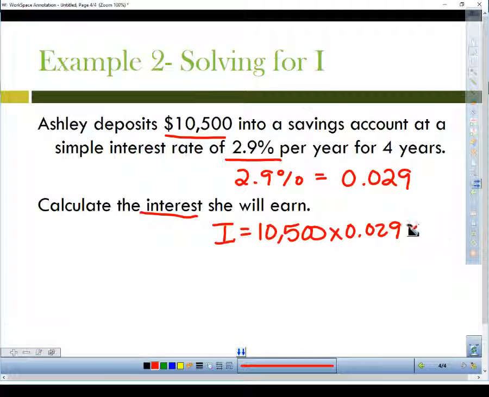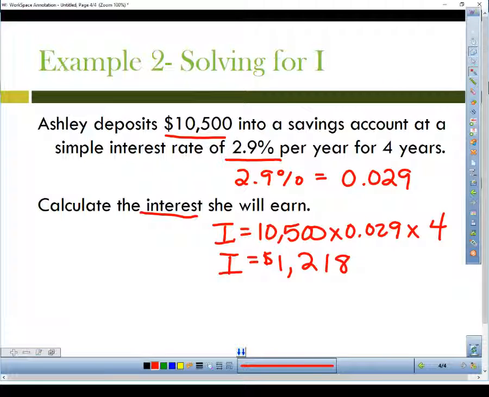And the years is 4, so times 4. Put that in your calculator, and you should get $1,218. So that's how much money she's going to earn by keeping her money in her savings account after 4 years. That means she can't touch it, can't take any money out.